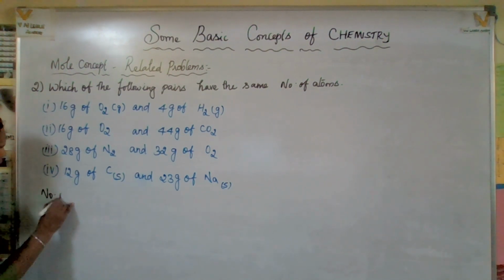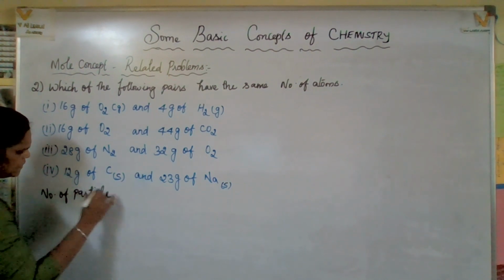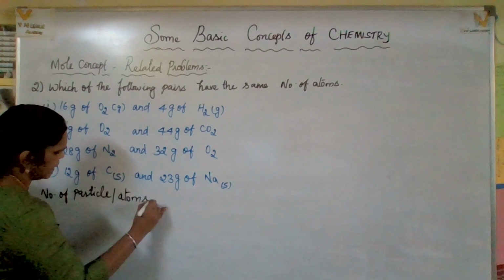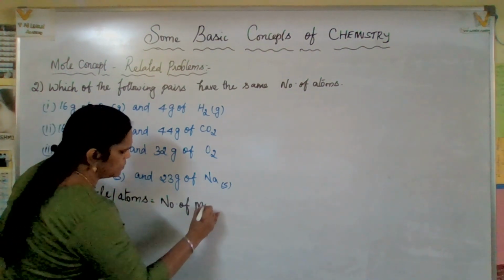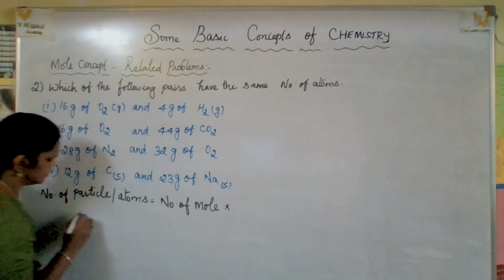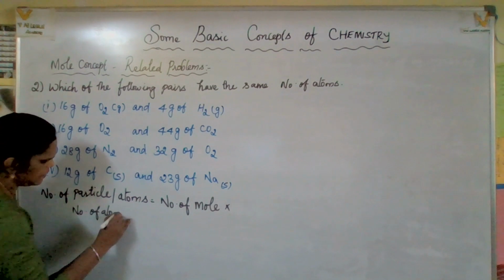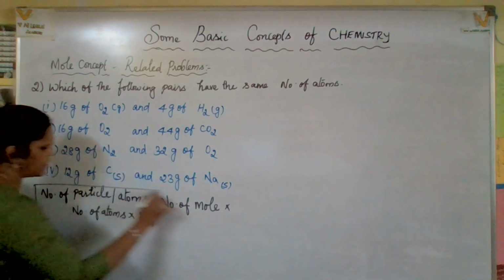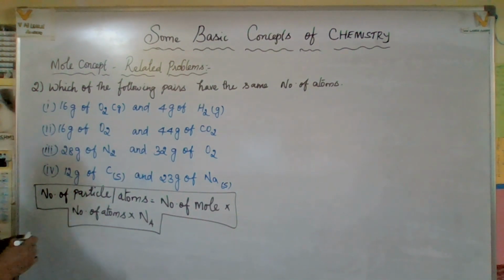So number of particles or number of atoms equals number of moles into number of atoms into Avogadro number, Na. I hope you know very well. Yes. Now let us find out each and everything.